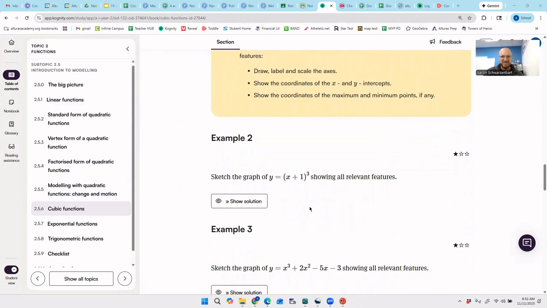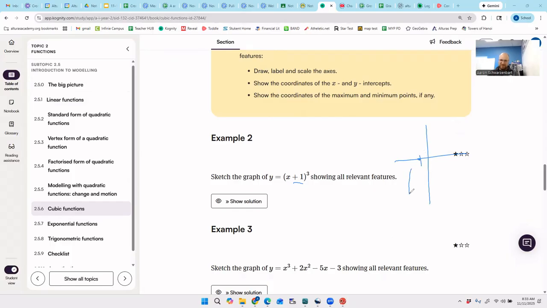So sketch this. What is the transformation on this one? It's a cubic. What is this plus 1 doing? Oh. Left.